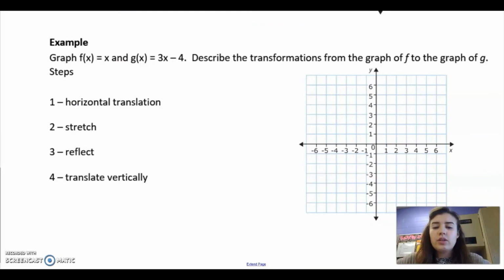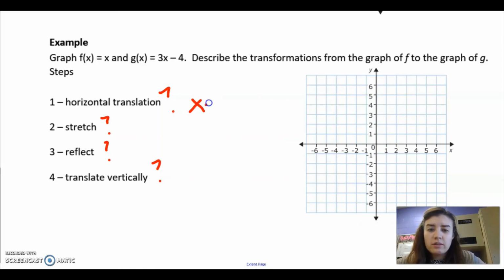Now we're on to our next example, and I want you guys to go ahead and try and dissect this for me. So I'm going to have a Google form, and I'm going to ask you, is there a horizontal translation? Does it stretch? Does it reflect? Does it translate vertically? Okay, so you're going to have to look at g of x and see what's all there.